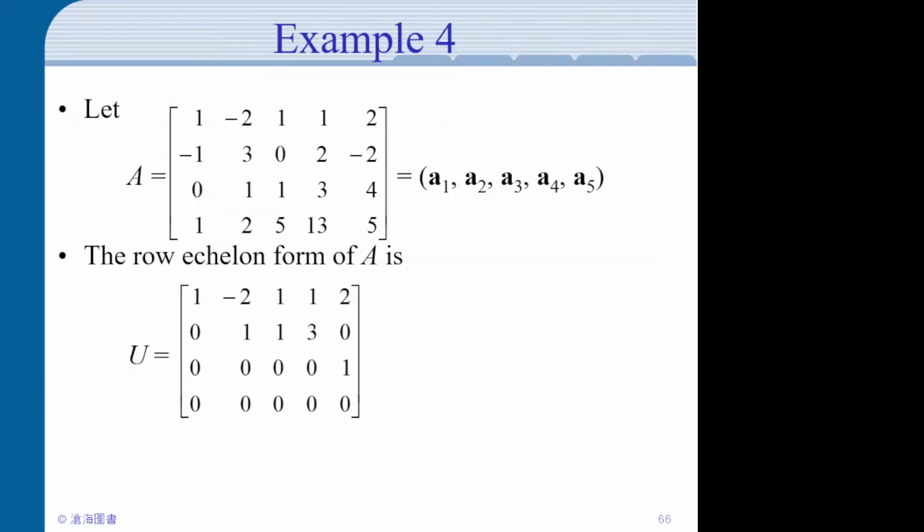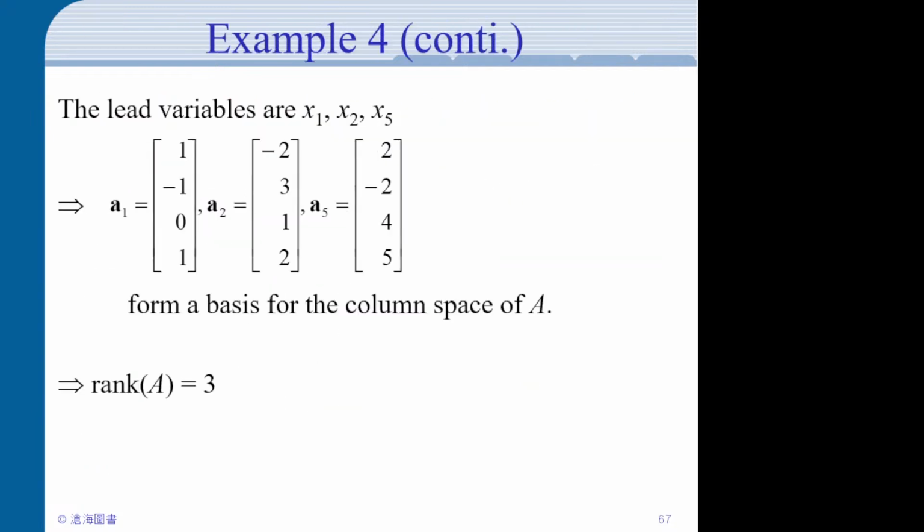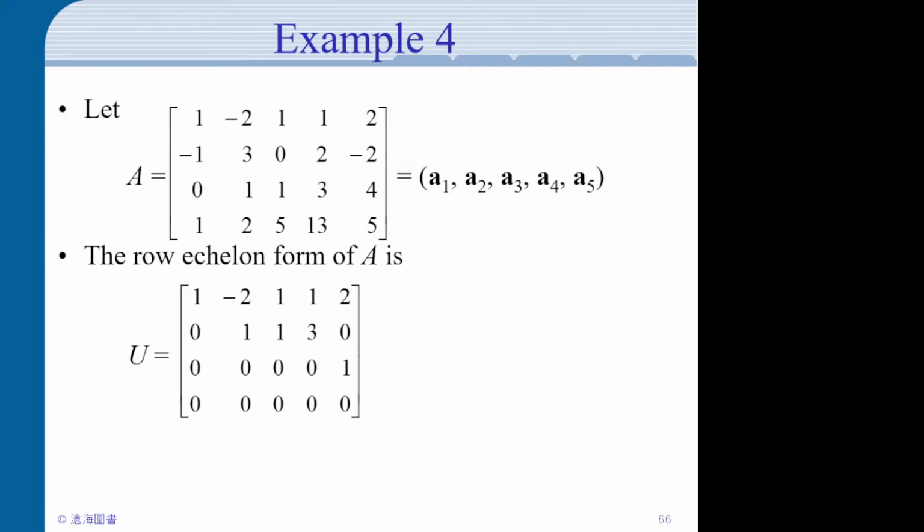Okay, so maybe let's do this example. So we have A and we have the reduced row echelon form, A like this and U like this. And once again we are counting the lead variables and the free variables. Okay, so U has a lead variable here.